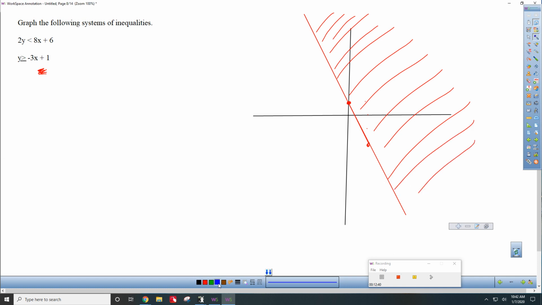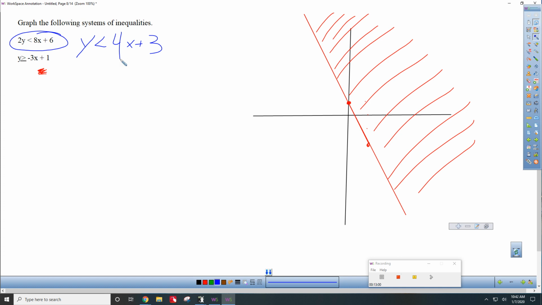Now, in blue, we'll graph this line, but we can't graph it yet. Let's divide everything by 2. Okay? Oops, that should be a 4. What am I doing? There we go. Okay?